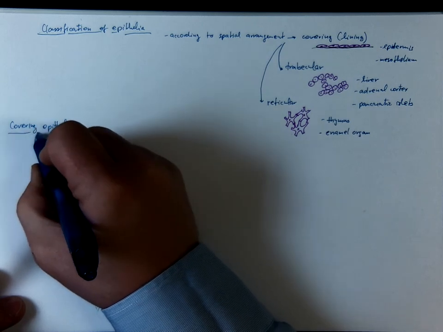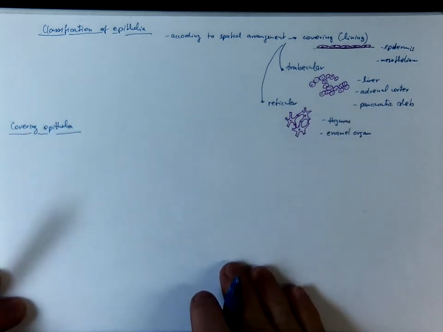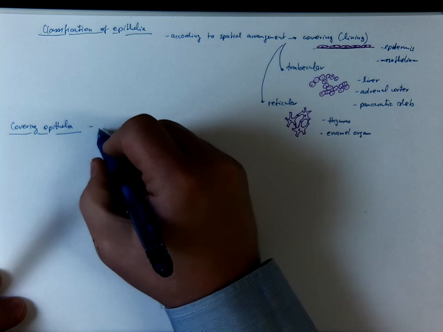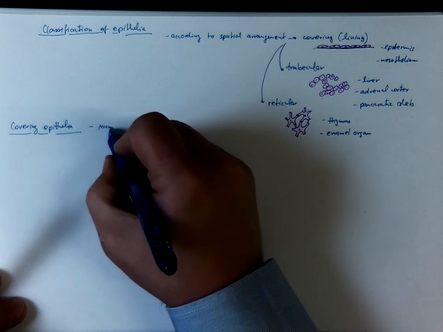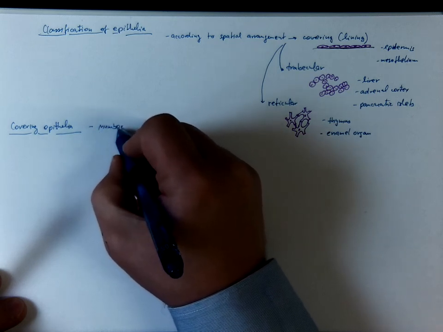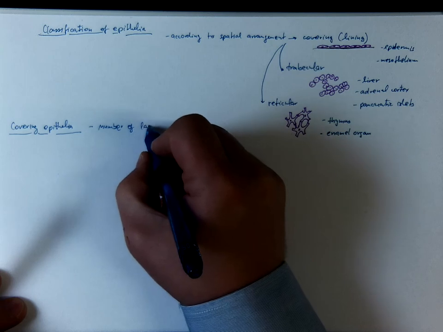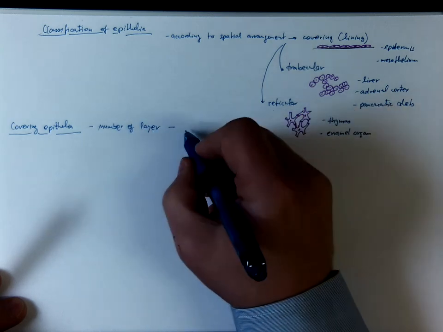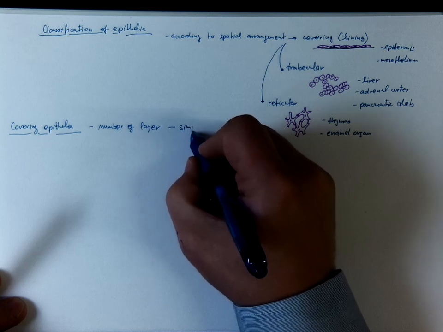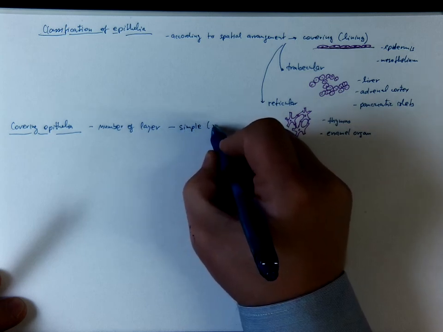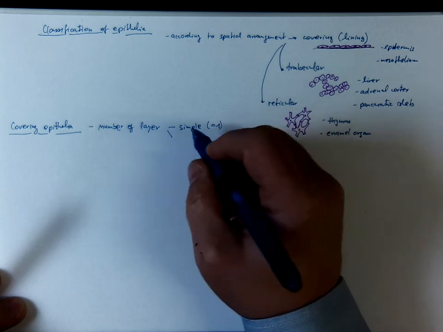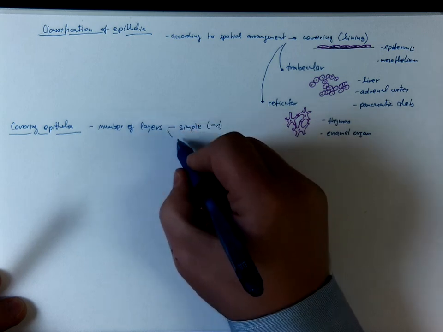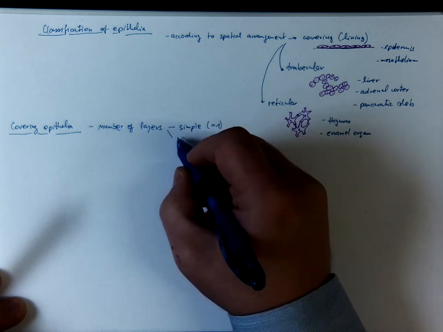So if you encounter a covering epithelium, you will look on the number of layers, and there could be either one layer, which you call simple, or the number of layers equals or exceeds 2.